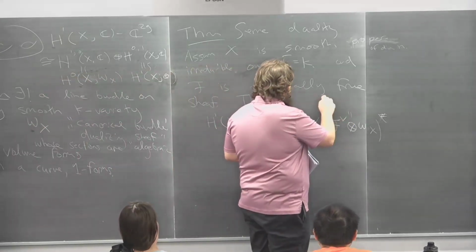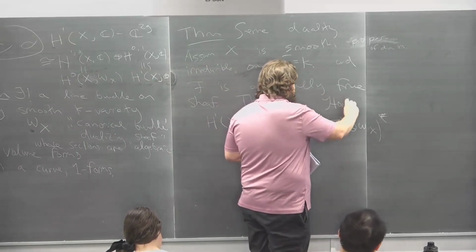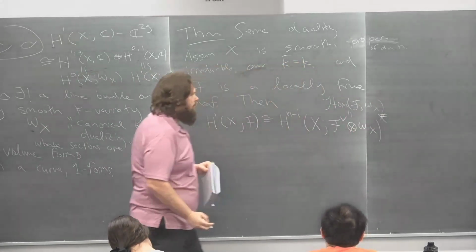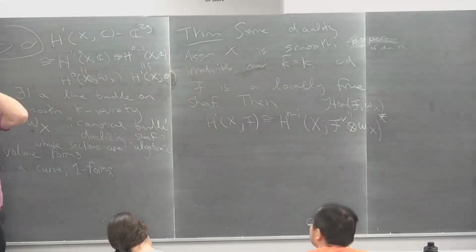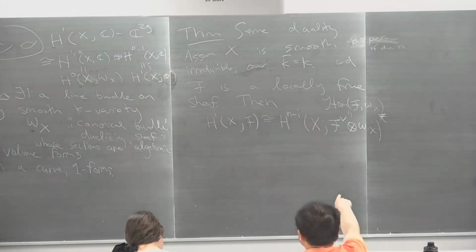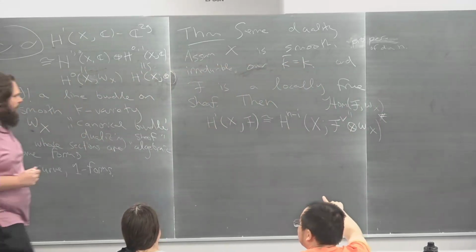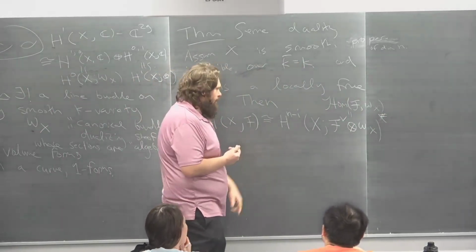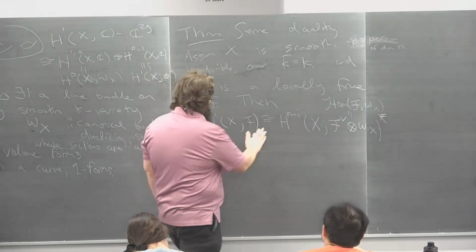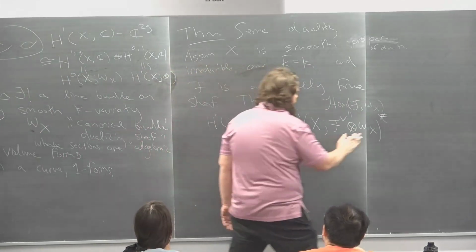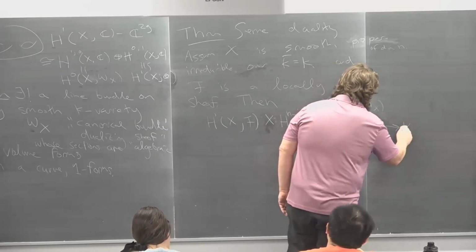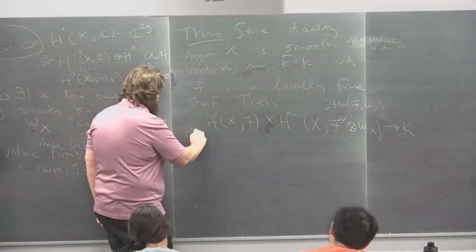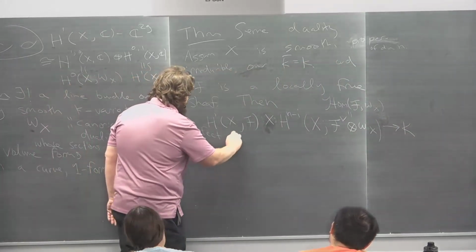I'll just mention you can also write this as sheaf Hom from F to the canonical sheaf. So these vector spaces are dual to each other. You will often see this written as a perfect pairing from here to the field K. That's really what you explicitly construct.